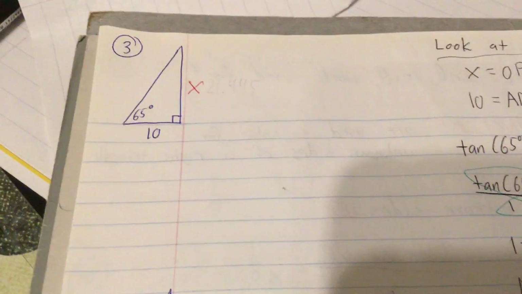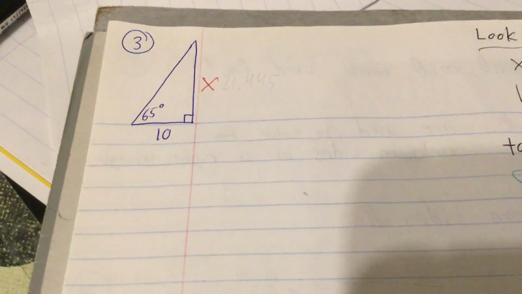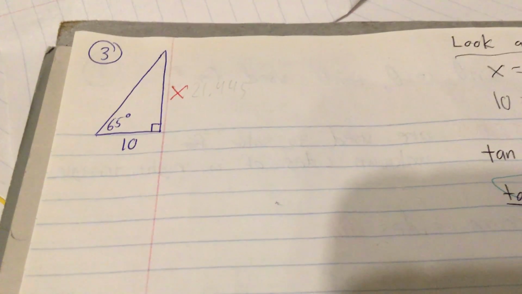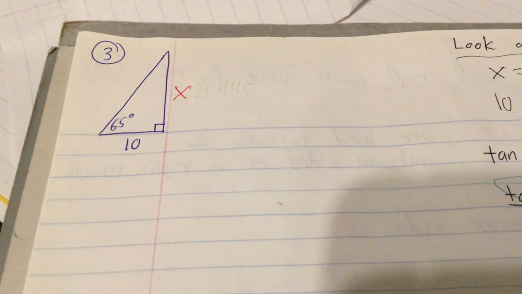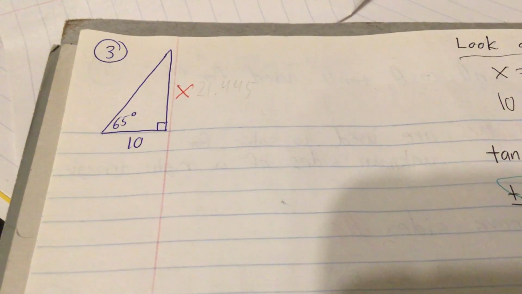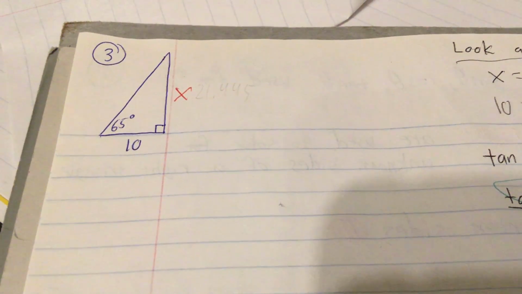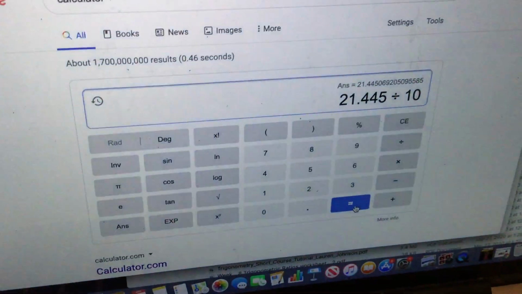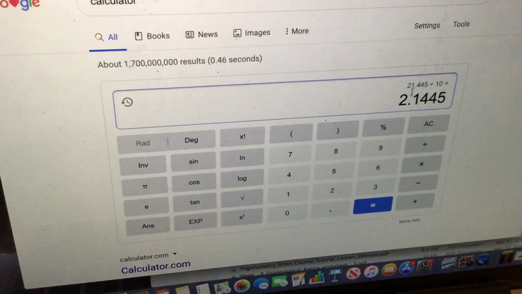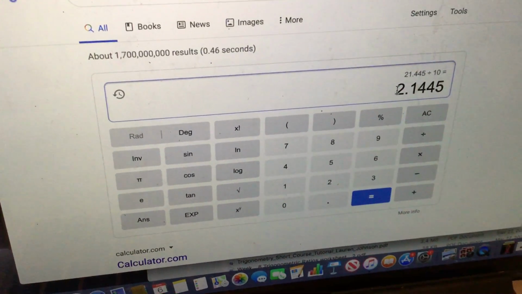I'm going to write it lightly so I don't have to keep jerking back and forth on the camera. And then I got 21.445 divided by 10. That's going to be my tangent ratio. So 21.445 divided by 10 is 2.1445. Well, fear not.